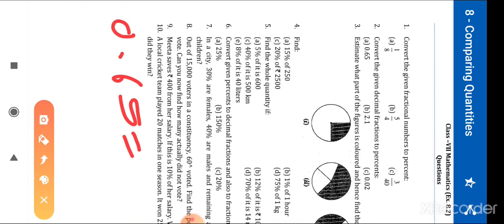For this, we write 0.65 as 65 upon 100. Now we have to multiply this number by 100. After multiplying this number by 100, we have 65%.